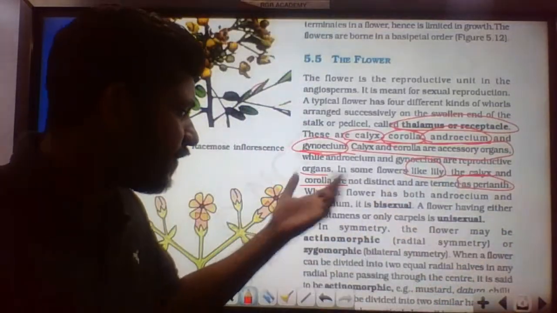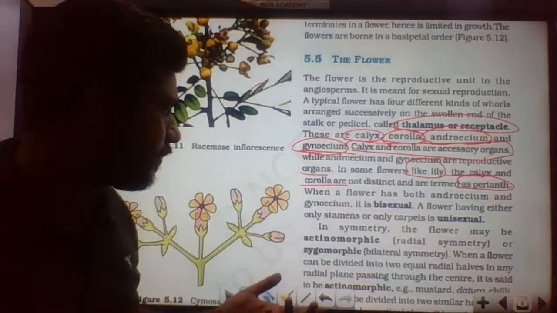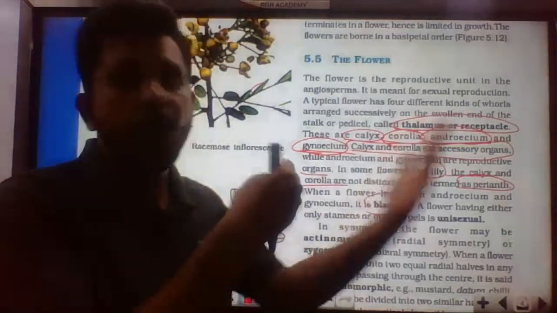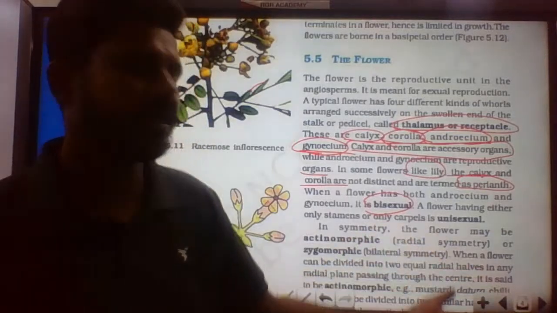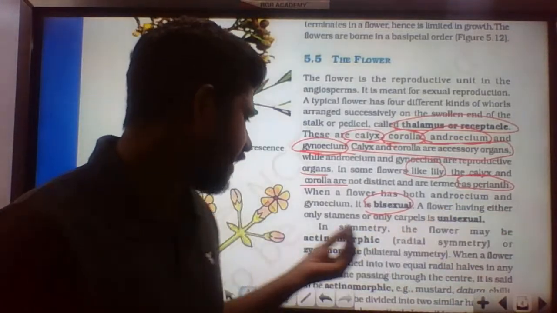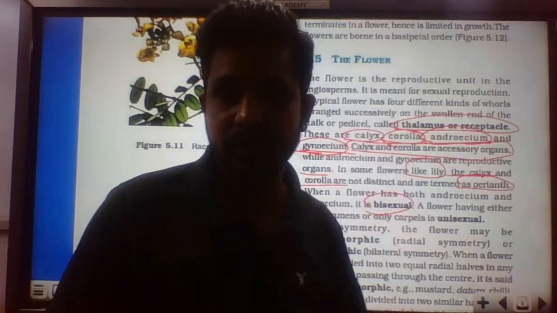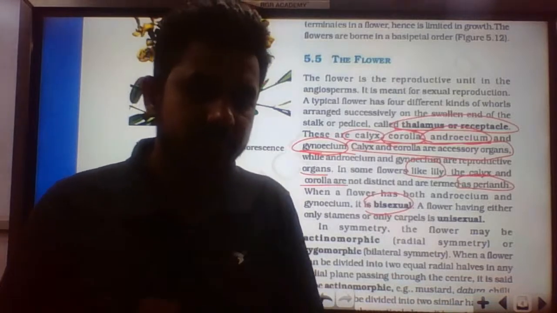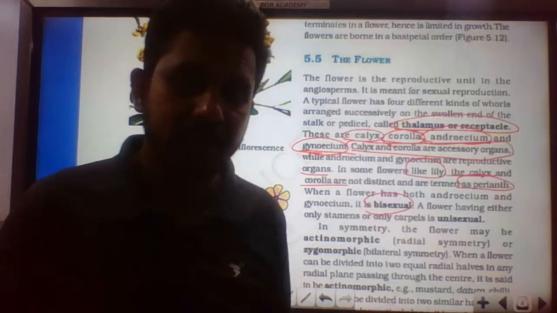When a flower has both androecium and gynoecium in a single flower, it is called bisexual. If a flower has only one type of reproductive part, it is called unisexual. A flower having either only stamens or only carpels is a unisexual flower.